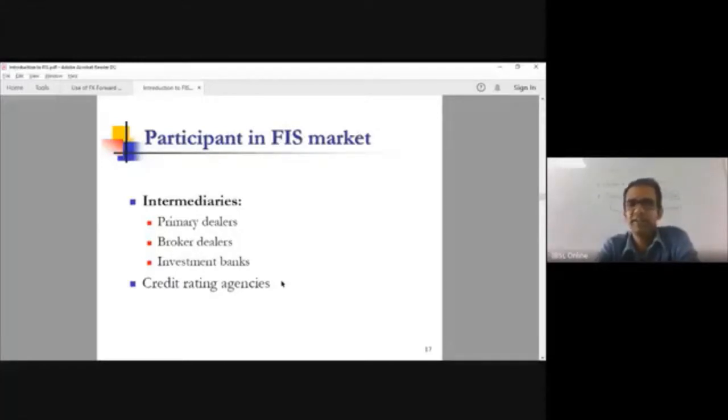But if the credit rating is low, investors know that party is riskier, so they will ask for more return. Then the amount the borrower can borrow becomes less, and the interest that the borrower has to pay may be high. So therefore, credit rating agencies also play a major role.